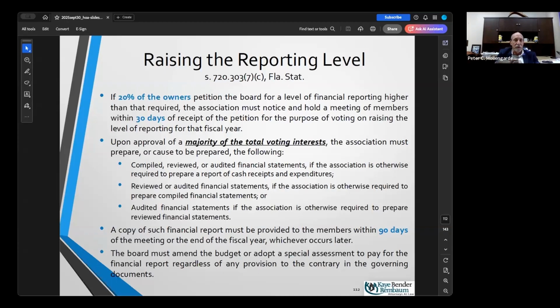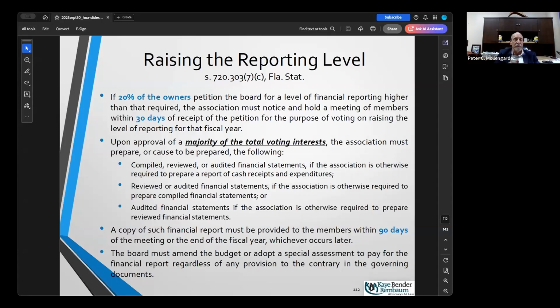If a majority of the total voting interest approve, then you have to prepare the higher level. That can be a compilation, review, or audit rather than a cash receipt and expenditure report. That could be a review or audit rather than a compilation, or an audit if you're otherwise required to prepare a review. So again, you can go up as much as you can go up depending on where you are.